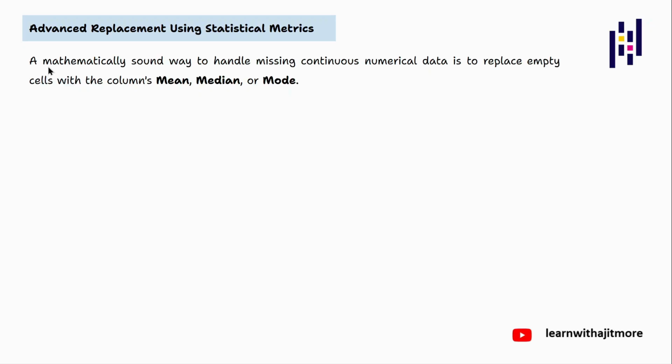It is a mathematically sound way to handle missing continuous numeric data. You can see in the calories, all are continuous. Calories are in the range 200, 300, 400. In that range only the calories are. So if someone is missing in that range, replace it with a value which belongs to that range only.